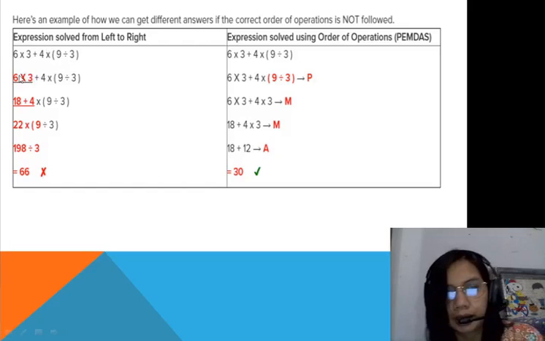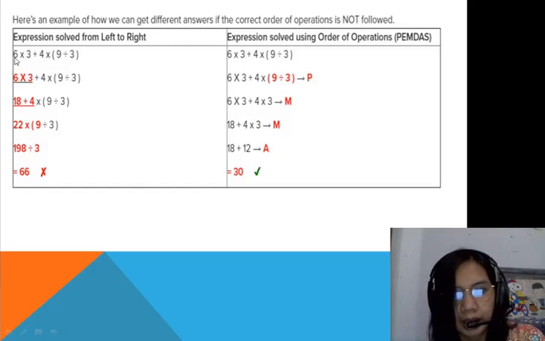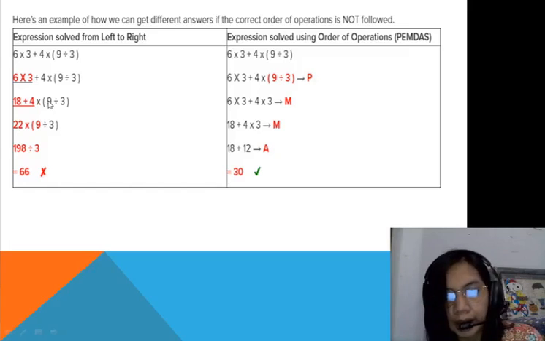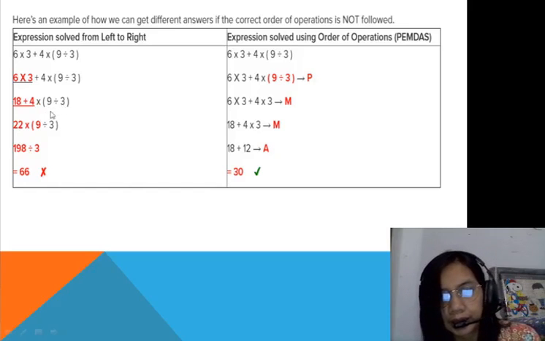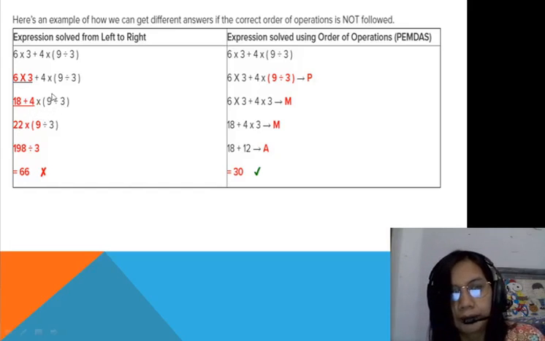The first step is 6 times 3, equals 18, then plus 4 times grouping 9 divided by 3. Then from the left again, 18 plus 4 equals 22, times the grouping of 9 divided by 3.